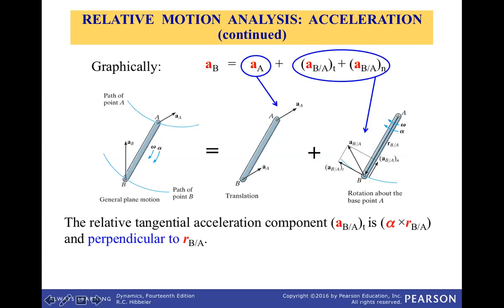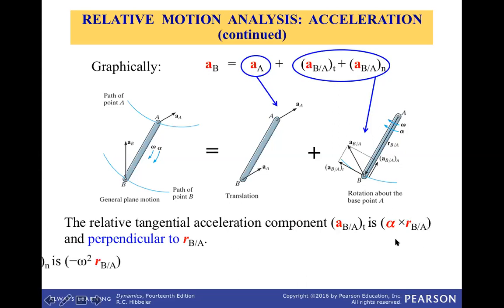Now, earlier in the chapter, we said that if a body is having rotational motion, then the tangential component of the acceleration will be alpha cross R of B with respect to A. You want to refer to the first lecture of this chapter. That gives you the tangential component.